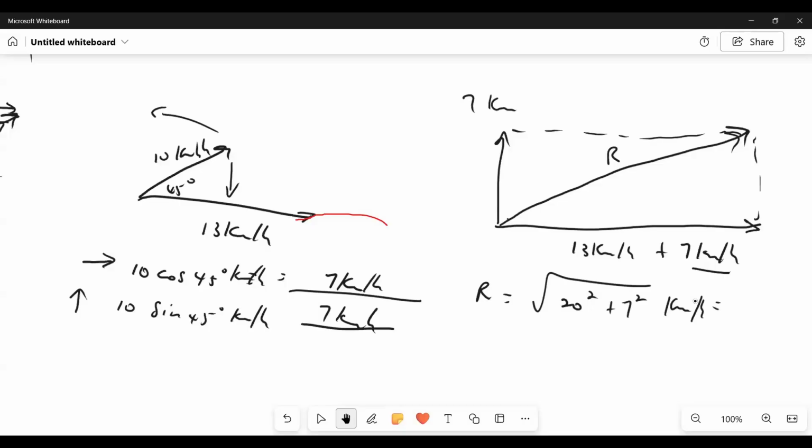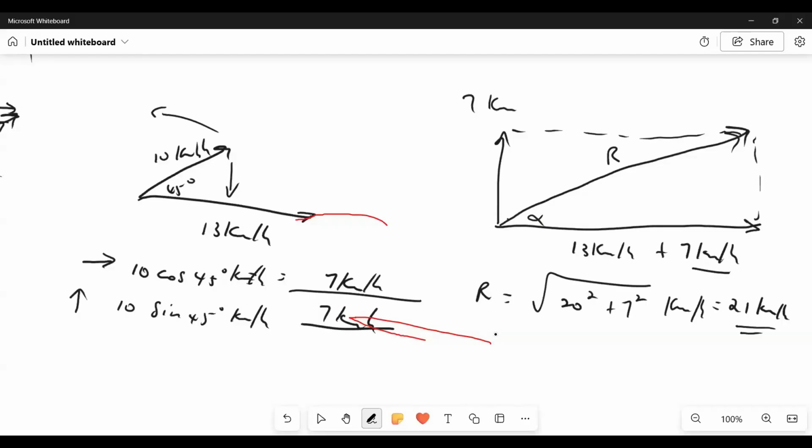Sir, 21.19. All right, go 21 km per hour. Don't use decimals, I just want to illustrate something. I don't care about the exact accuracy of the thing, right? So the resultant of this ship is that it's going to be traveling at 21 km per hour. And maybe we can take an angle here, right?